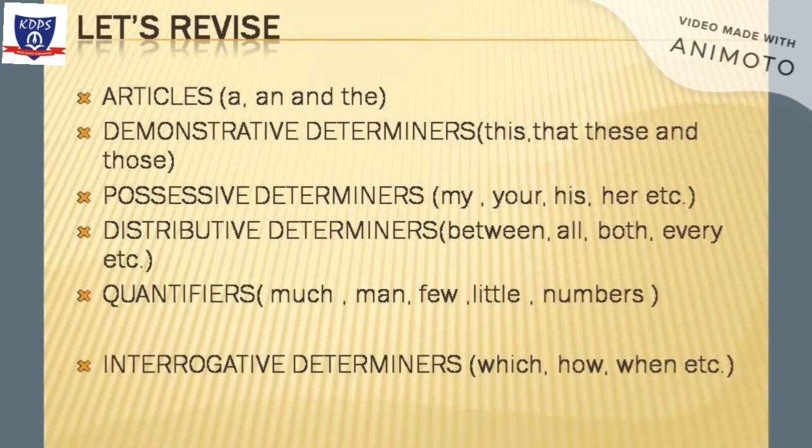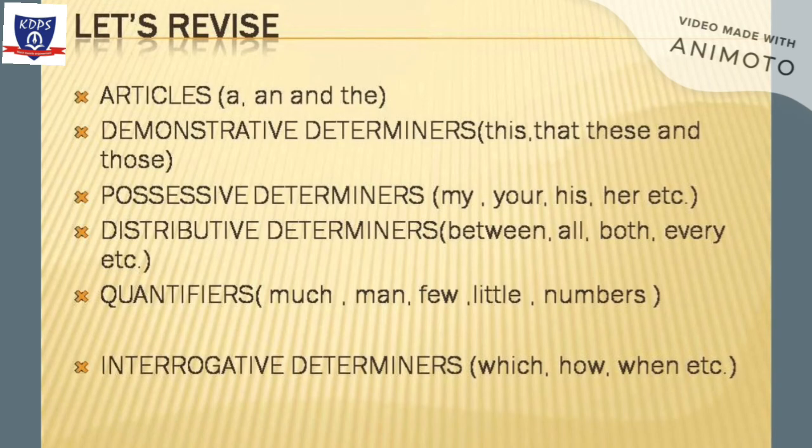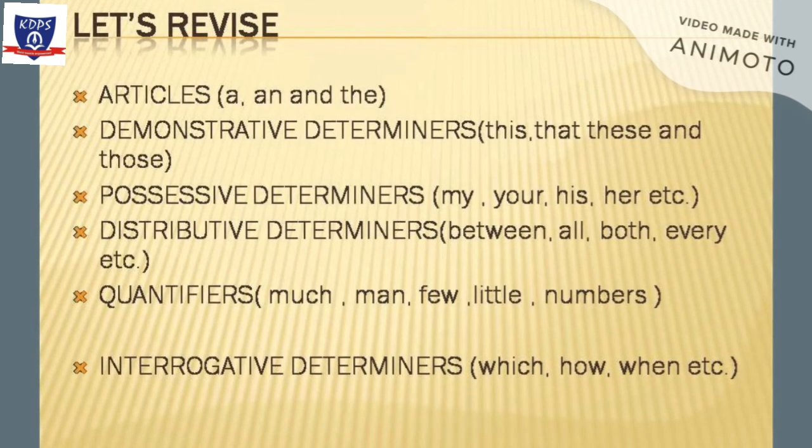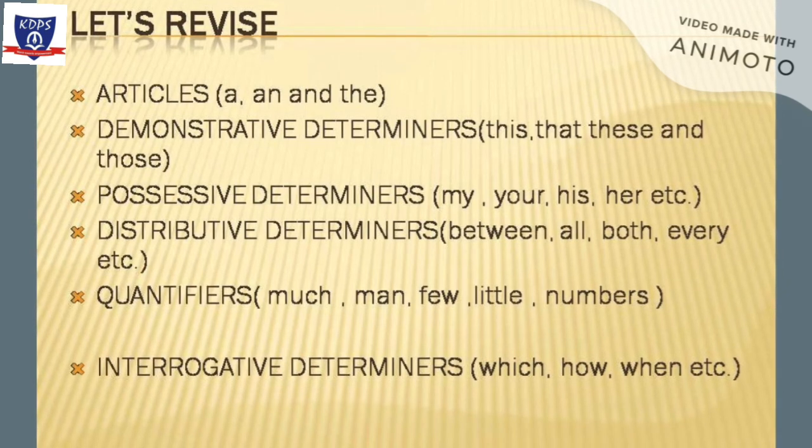Distributive, when the determiners express how something is distributed, shared or divided when we are talking about a particular person or a thing. Second comes quantifiers. Quantifiers tell the quantity, they describe the quantity.